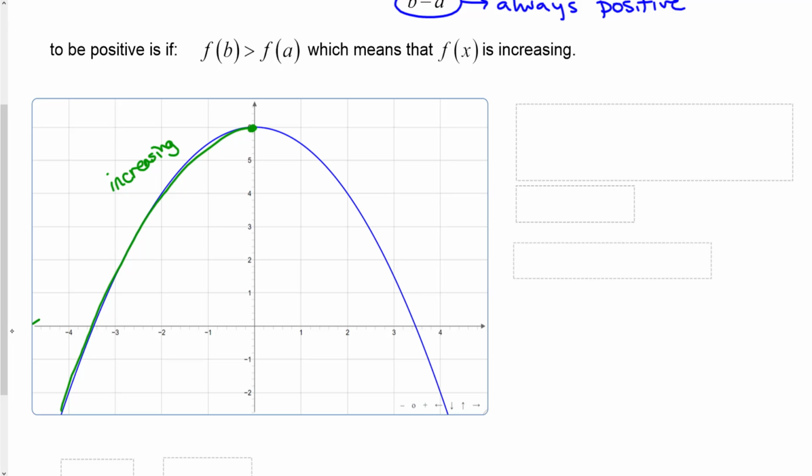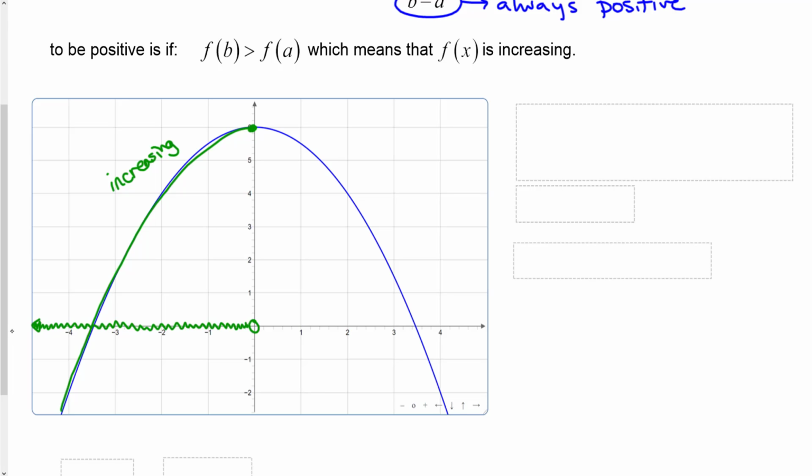So on the x-axis, I'm increasing on the interval from negative infinity all the way up to this point right here. Now, this particular point at 0 for this graph, we say it's neither increasing nor decreasing. So I'm going to leave it as an open circle.